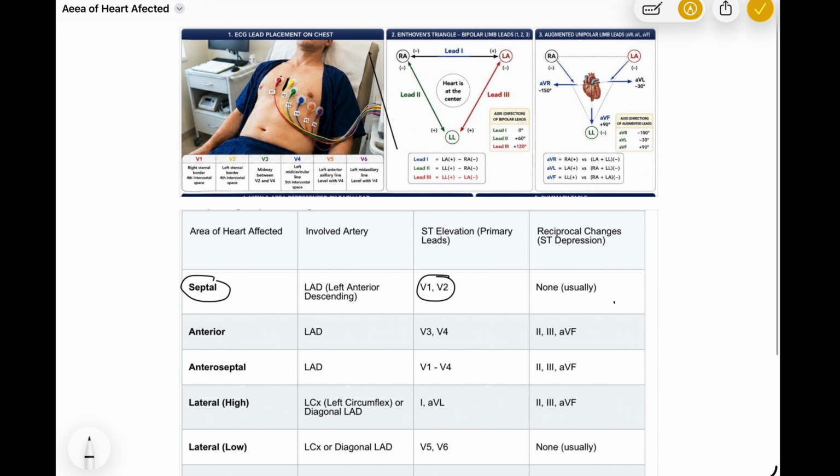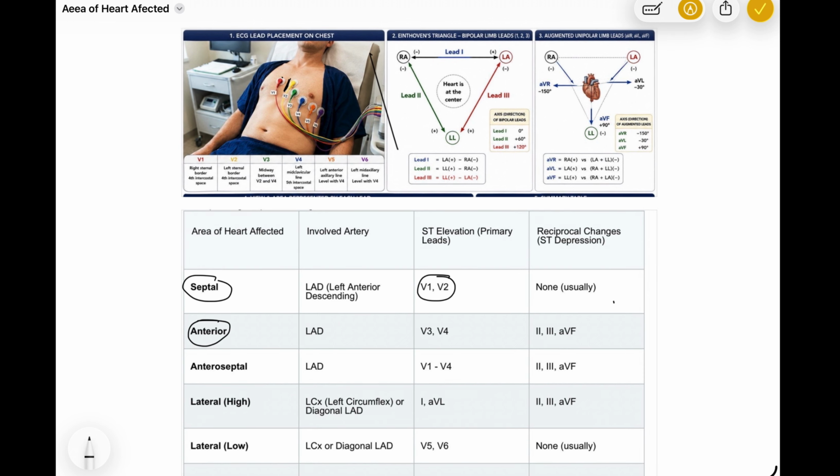Now, how to remember the anterior wall MI? Now understand, after V2, V3 and V4 are placed very anteriorly, like in the front. So for anterior wall MI, we will get ST elevation in V3 and V4. And the reciprocal ST depression that we are going to see is in leads 2, 3 and AVF.